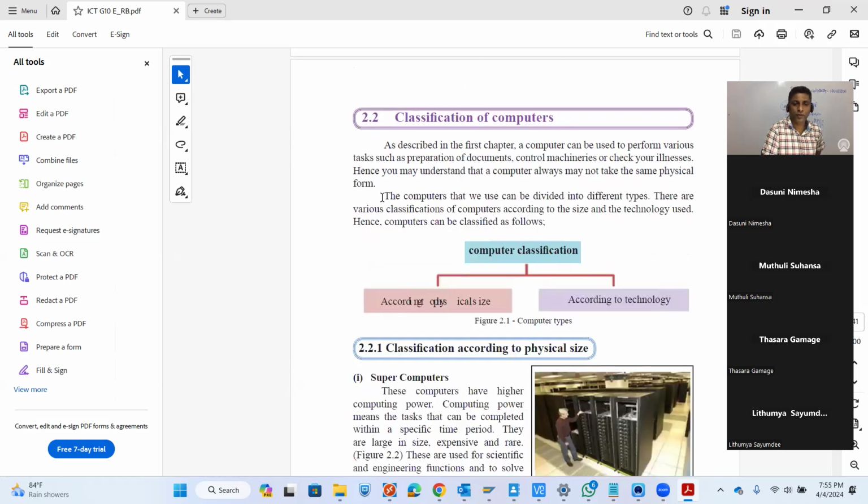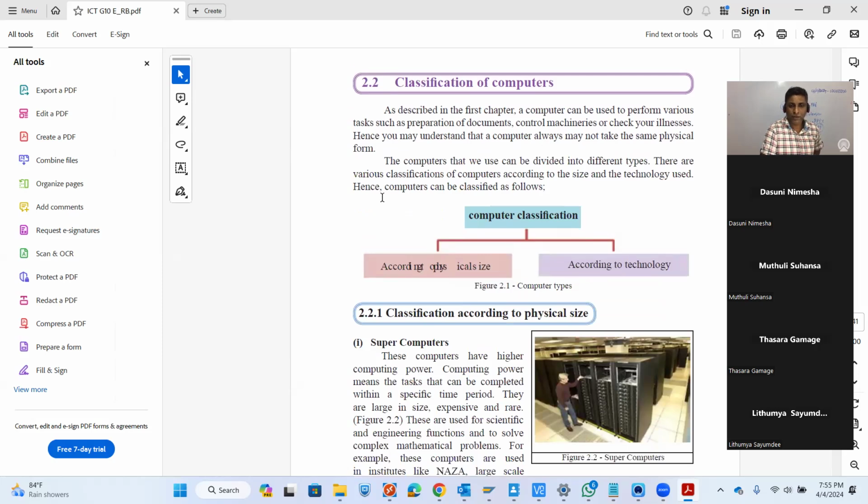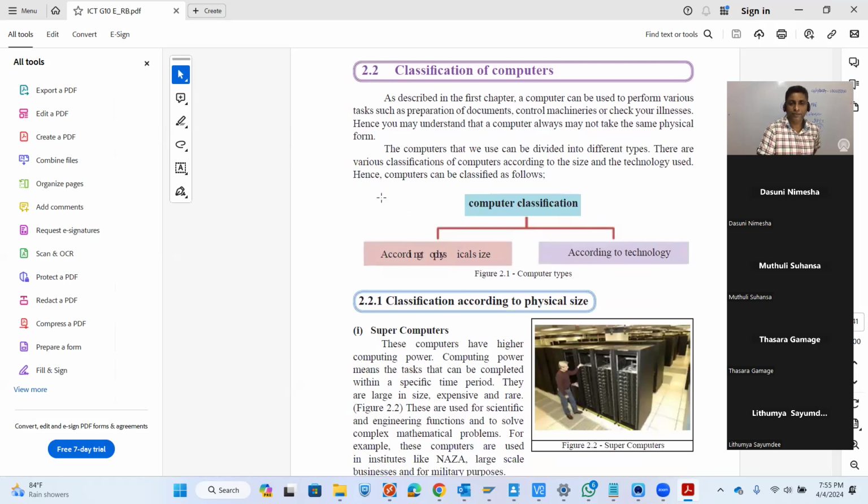Right. Let's move into the classification of computers.